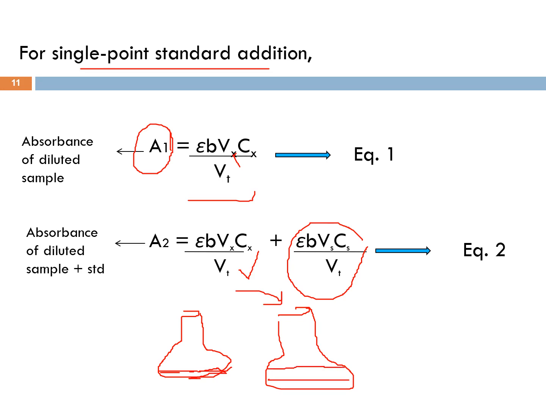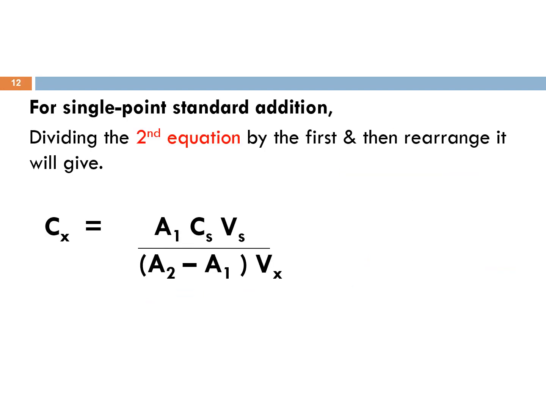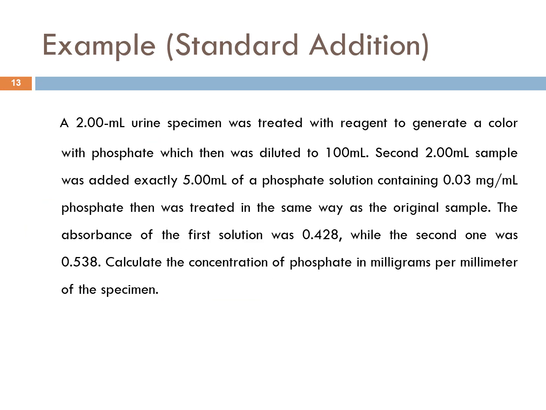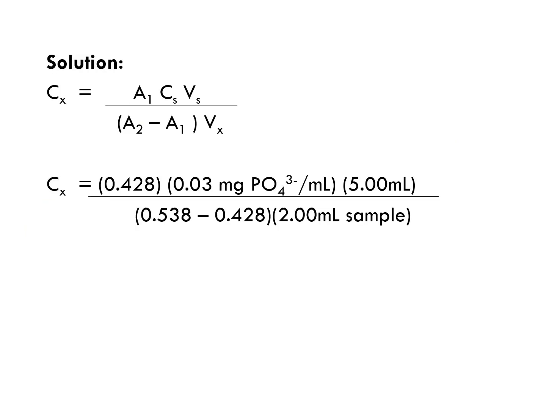Contoh kata ferrum, kita tambahkan ferrum standard solution, and then both kita diluted to the diluted mark lah. Okay. So these are the equation, and by dividing equation 2 to equation 1, kita akan dapat this equation. So in order to know the concentration of the unknown, we can use this formula. Okay, so you can tengoklah soalan ni sama je.